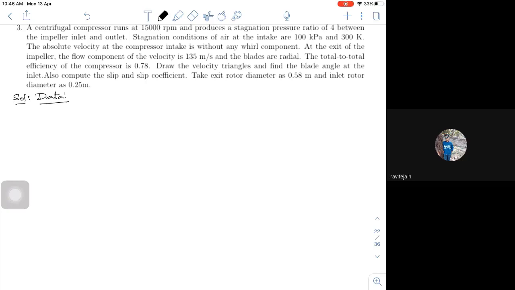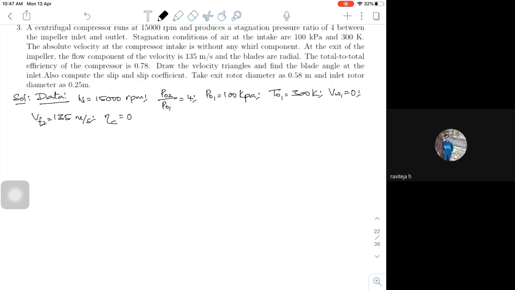They have given the speed as 15,000 RPM and the pressure ratio P02 by P01 is equal to 4, P01 is equal to 100 kilopascals and T01 is 300 Kelvin, VW1 is equal to 0 and VF2 is equal to 135 meters per second, and the total efficiency or compressor efficiency is 0.78.